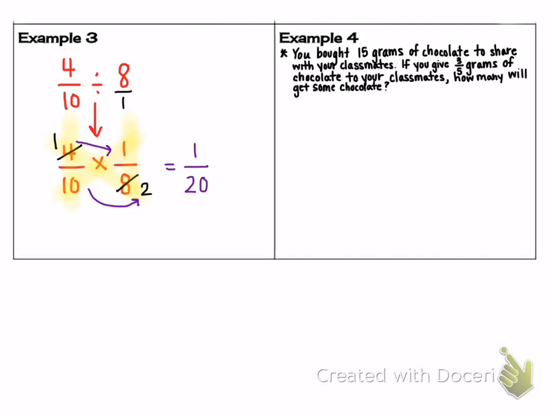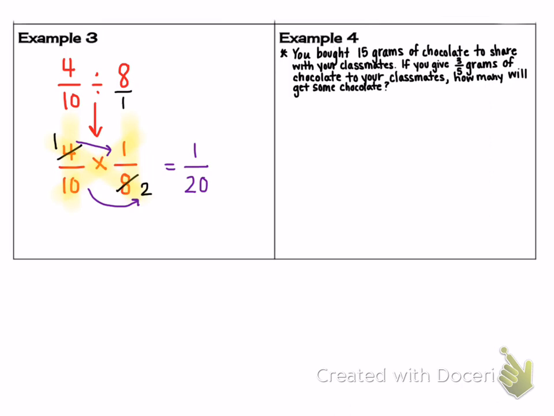The last example is a story problem. You bought 15 grams of chocolate to share with your classmates. If you give 3/5 grams of chocolate to your classmates, how many will get some chocolate? Okay, so what we have to do is decide if it's going to be 15 divided by 3/5. Are we taking 15 grams of chocolate and finding out how many 3/5 gram pieces fit into it? Or is it 3/5 divided by 15?